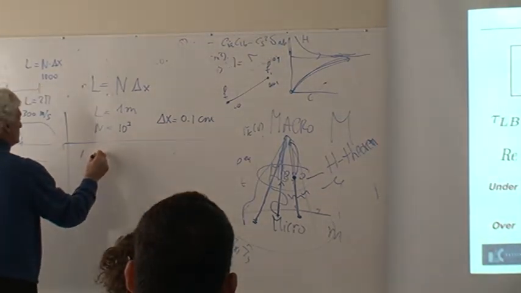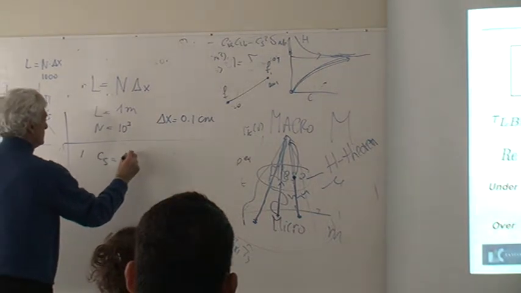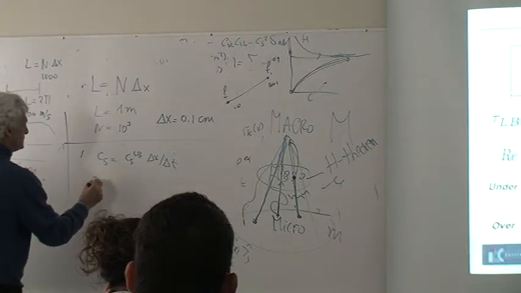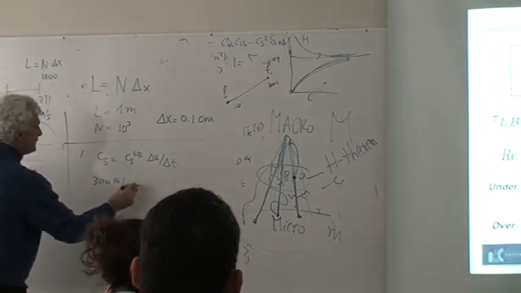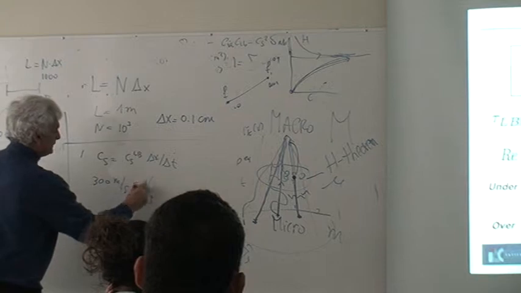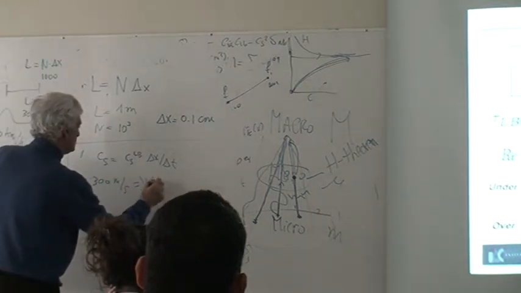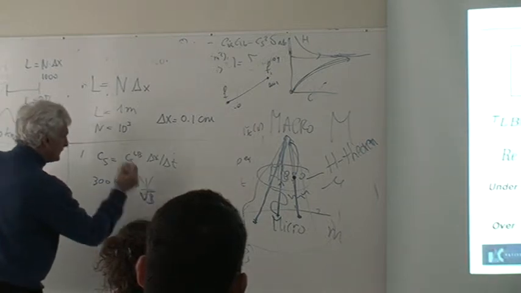Time, I say that the sound speed is the sound speed of lattice Boltzmann, delta x over delta t. So this is 300 meters per second. This is square root of 3, which I take as 1 because I'm lazy. Let's keep the square root of 3, nonetheless.